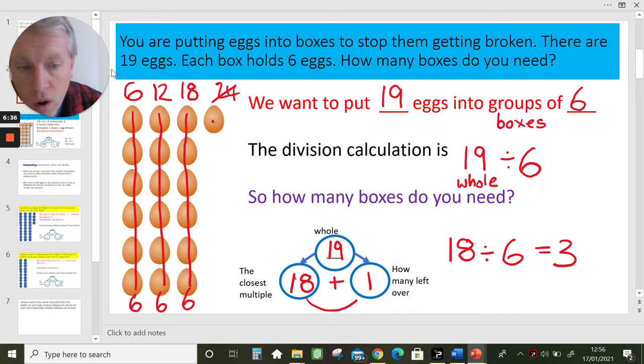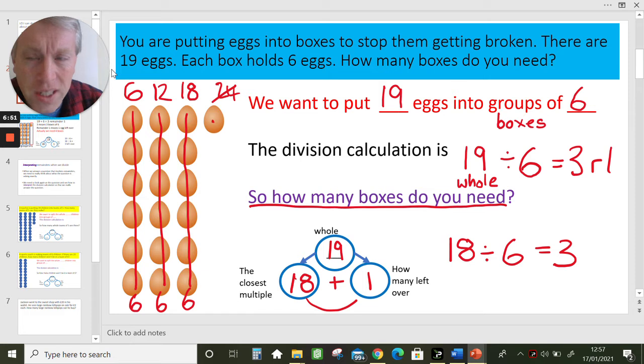And 1 left over. So it's 19 divided by 6 makes 3, remainder 1. But let's look at the question, because that's what we're learning today. So how many boxes do you actually need? 3, remainder 1?